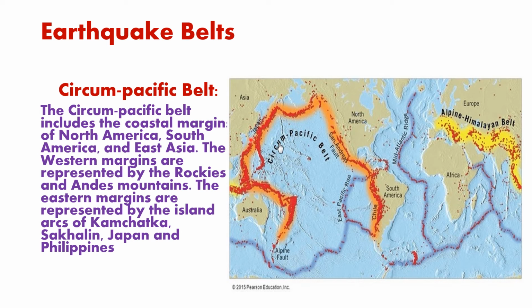The western margins are represented by the Rockies. Rocky Mountain is in the United States, in North America, Andes Mountains in South America. The eastern margins are represented by the island arcs. Kamchatka. Kamchatka is a peninsula. Sakhalin. Sakhalin is an island. Japan and the Philippines.